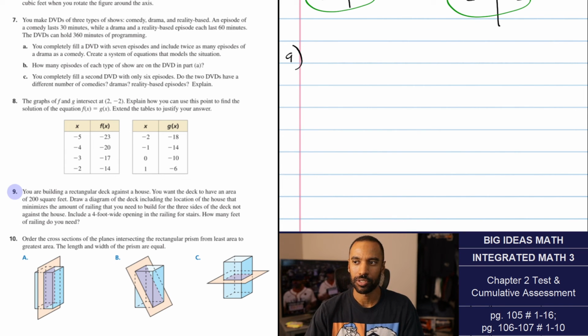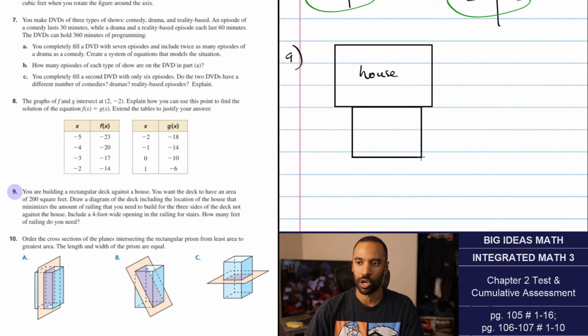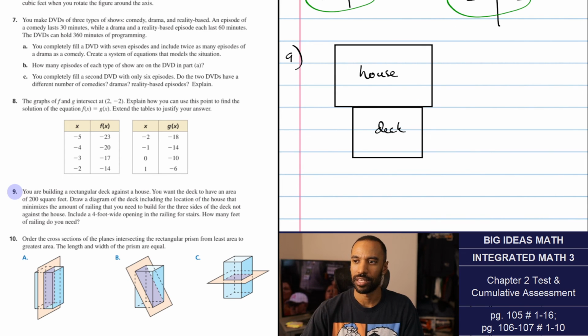So I have a house. This is from the top down. And I have a deck that's built against a house. So some sort of deck. Now somewhere in this deck, I need an opening for a gate that's 4 feet wide. I have to understand this question here in a bit.